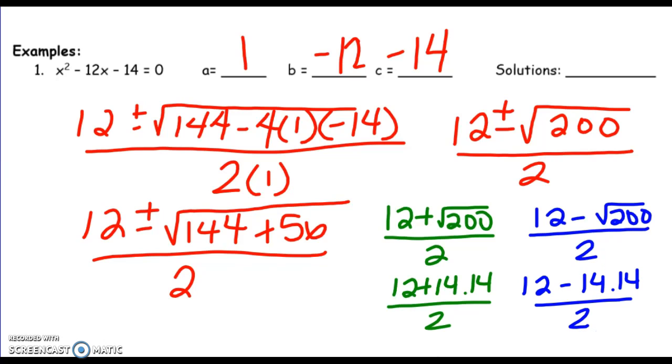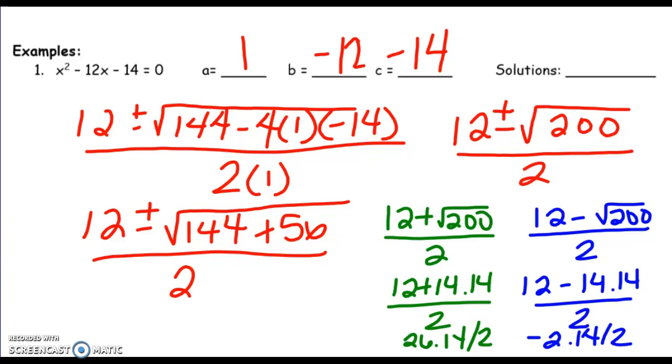Imagine if we were graphing these, how messy they would be. Okay, so that would be 26.14 divided by 2, and negative 2.14 divided by 2. So now I make my solutions, and I'm going to do both of those solutions. I should have two of them.